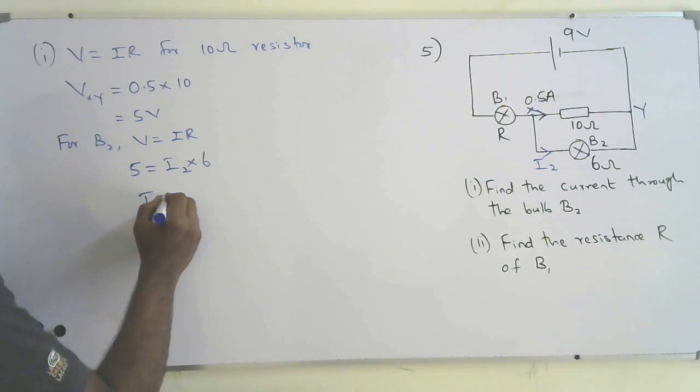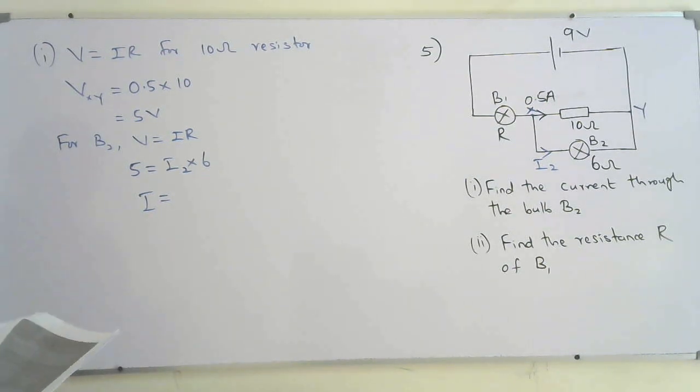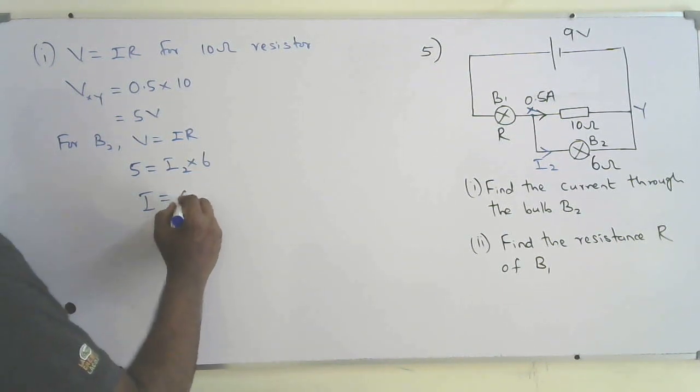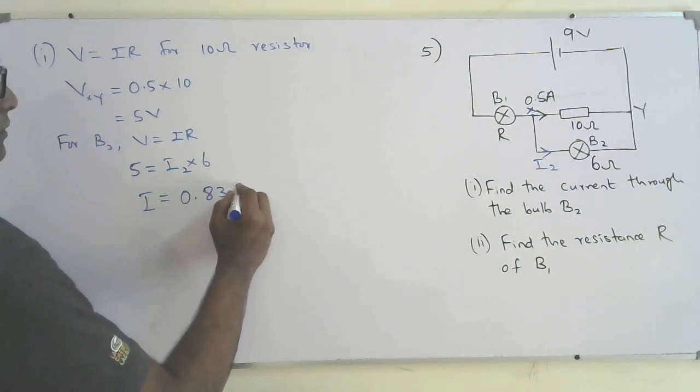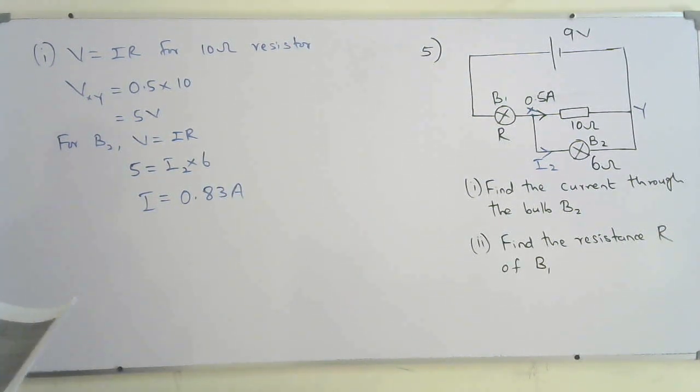So I2 will be 5 divided by 6, that will be 0.83 amperes. That's the first part answer.